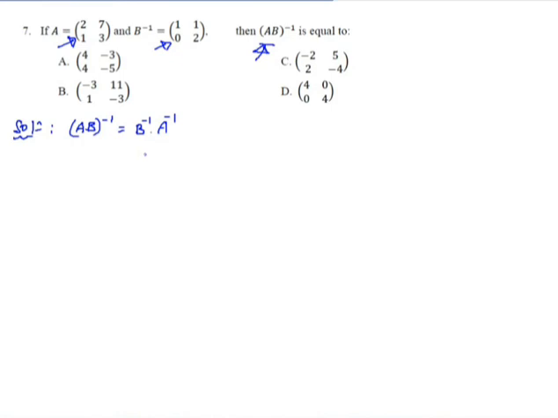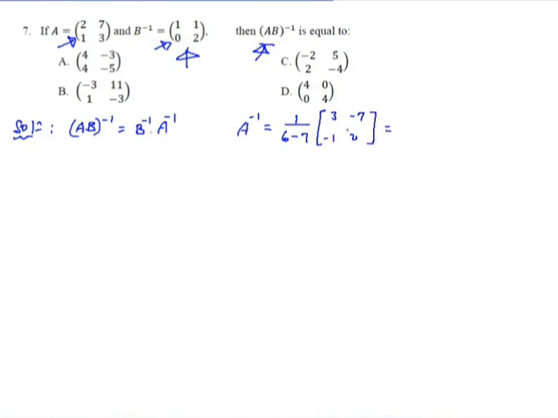So we apply this. We already have B inverse. What remains? We don't have A inverse. So we can get A inverse from A by using the formula that we have seen before. A inverse is 1 over the determinant of A, which is 6 minus 7, times: we interchange the places of the diagonal entries and the rest we put negative.